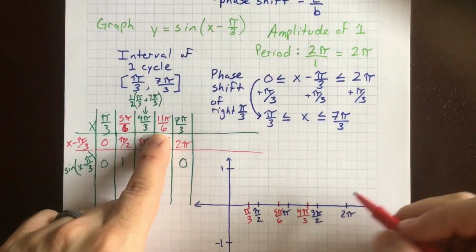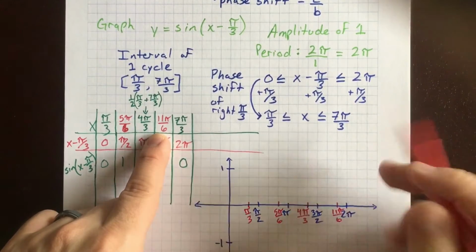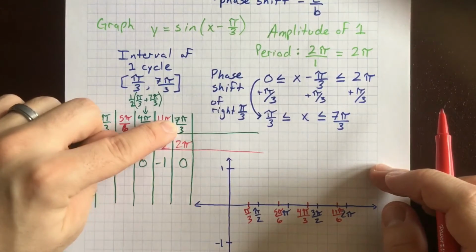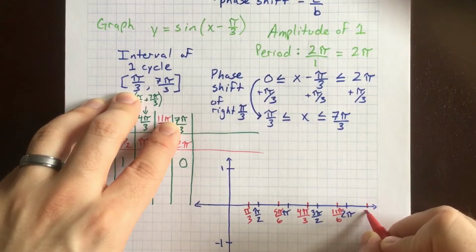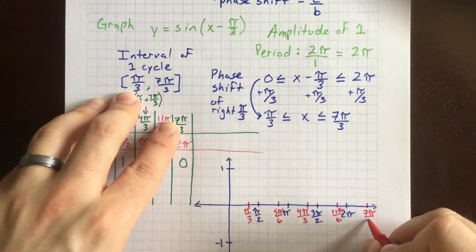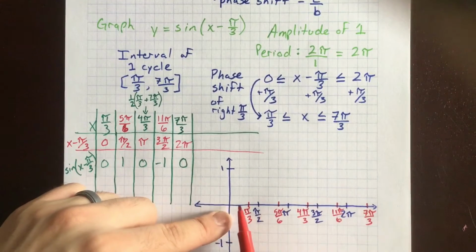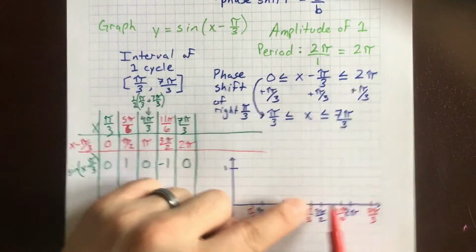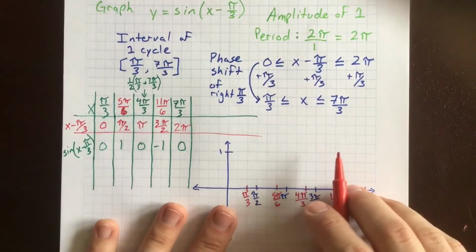And then 11 pi over 6 is right before 2 pi. And 7 pi over 3, that's 2 pi plus pi over 3, it's right here. Okay, so you can notice each of these are essentially shifted right pi over 3 from the typical values.